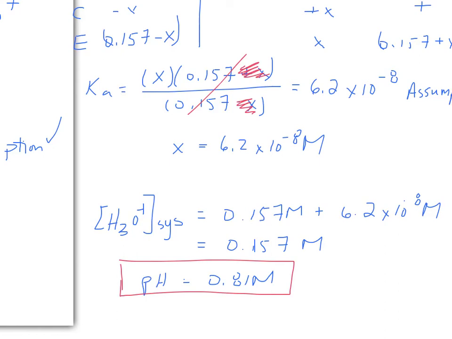Now that this is proved, you only need to take the first donation into account, which is why you were previously told when writing equations involving polyprotic acids to only produce 1 H plus or only take 1 H off.